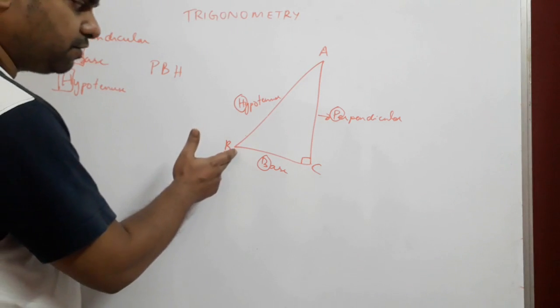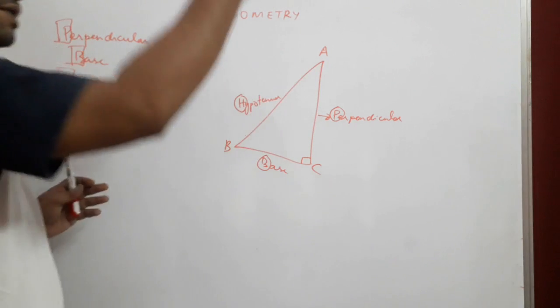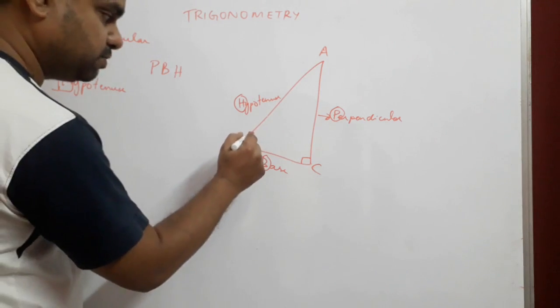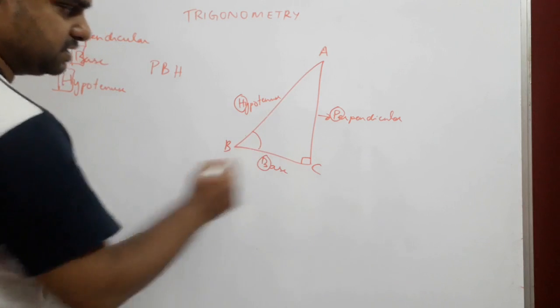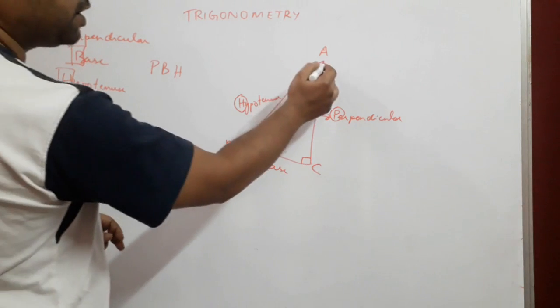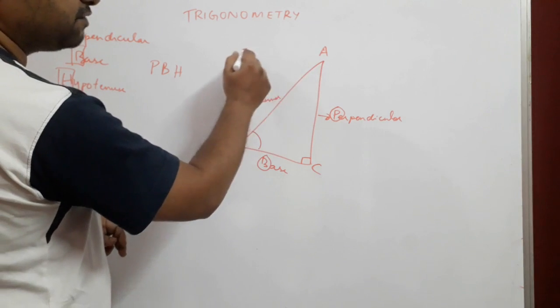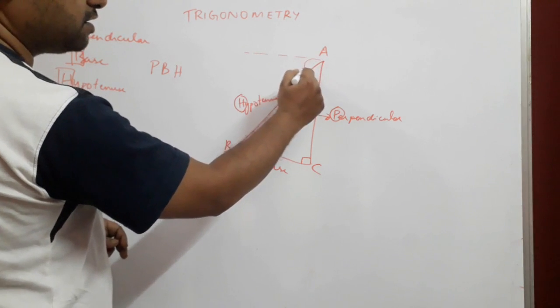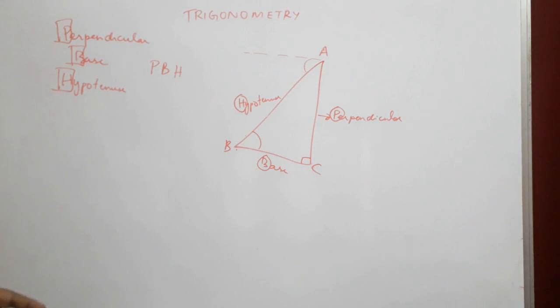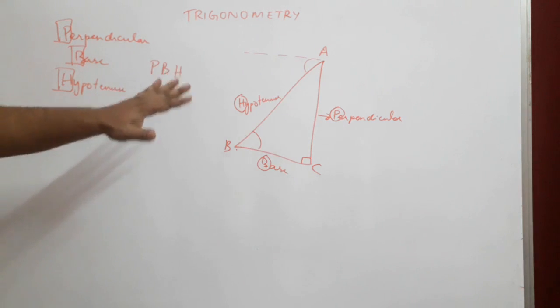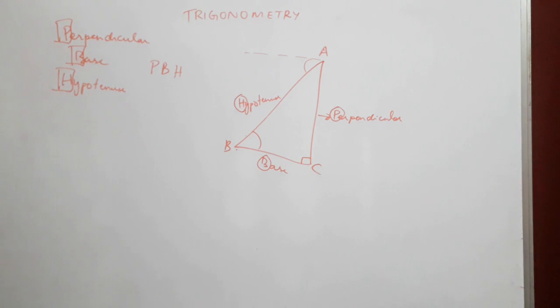From bottom to top we look at a particular elevation, that is an angle. This would be the angle that it forms with the base. If we are looking from top to down, then we form an angle that will represent this way. From top to down, that is called a depression. That is not necessary right now.